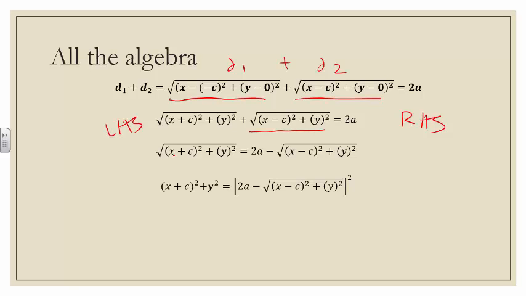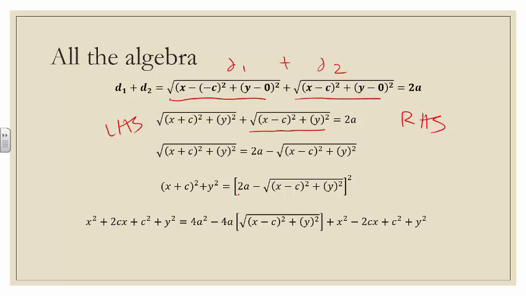We want to clear the square root on the left-hand side. We do so by squaring both sides. This leaves us with x plus c squared plus y squared without the square root on the left, and the entire right-hand side squared. You'll notice that is noted in brackets.